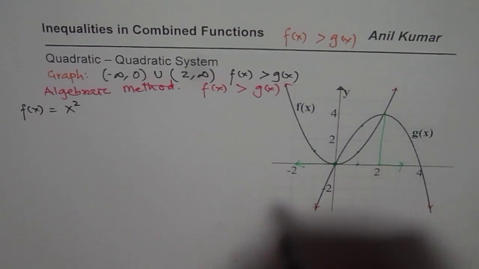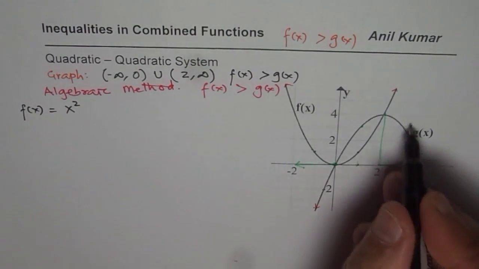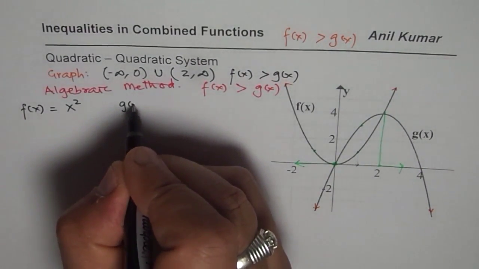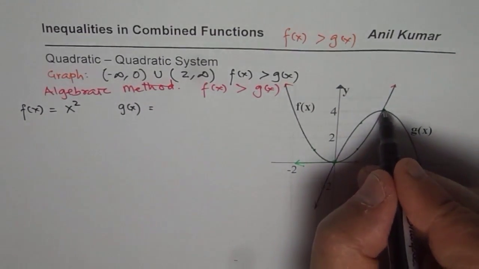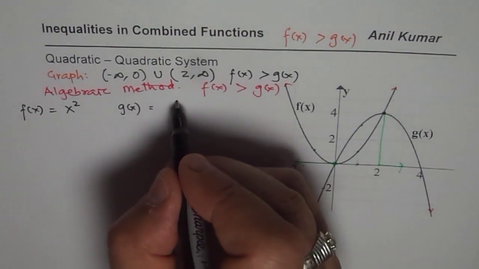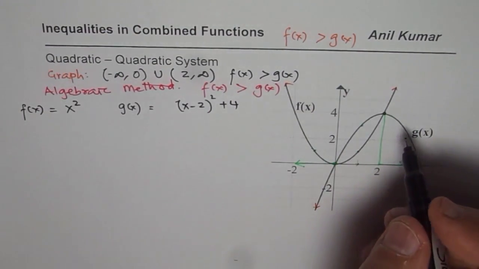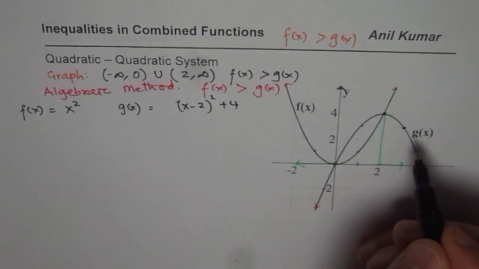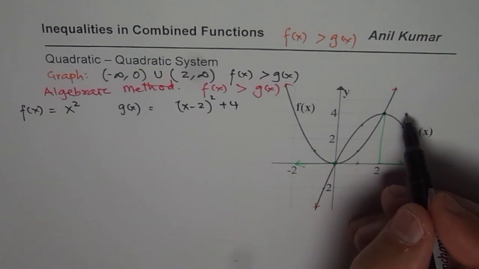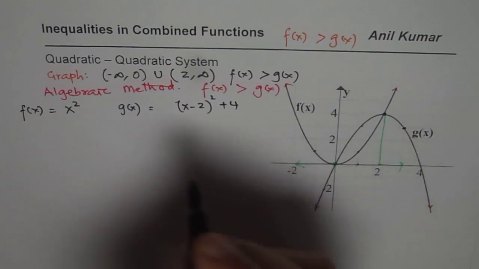To find g of x, we can again use the graph. Let's see the vertex. The vertex is at 2 and 4, so I get x minus 2 whole squared plus 4. To find the value of a, we can select a point. If I move 1 unit to the right, it goes 1 down, so a is minus 1, correct?